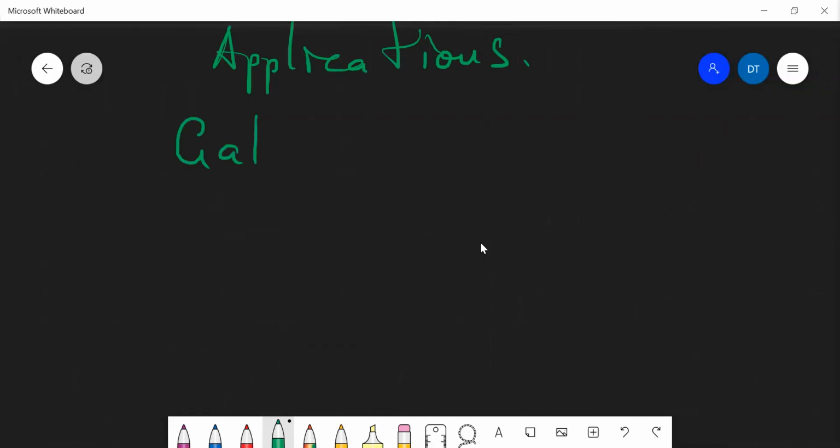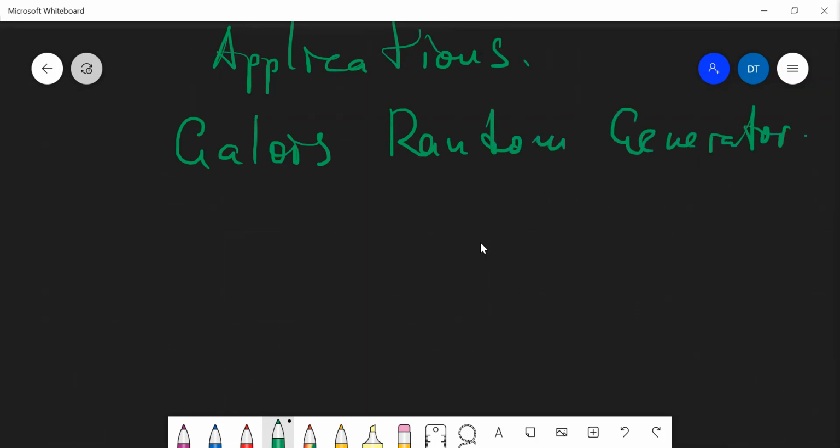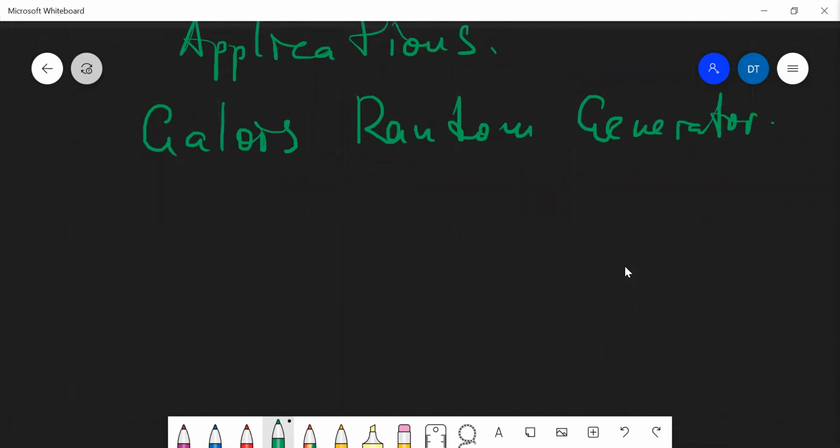So the Galois random generator. What is this? Well, let's take Zp as an alphabet. So this is our alphabet.